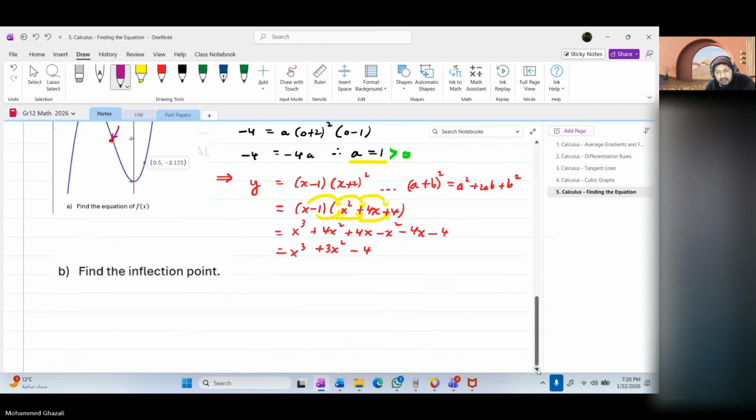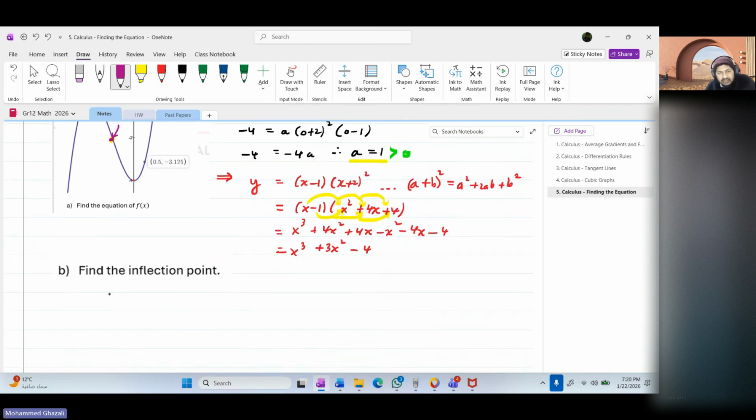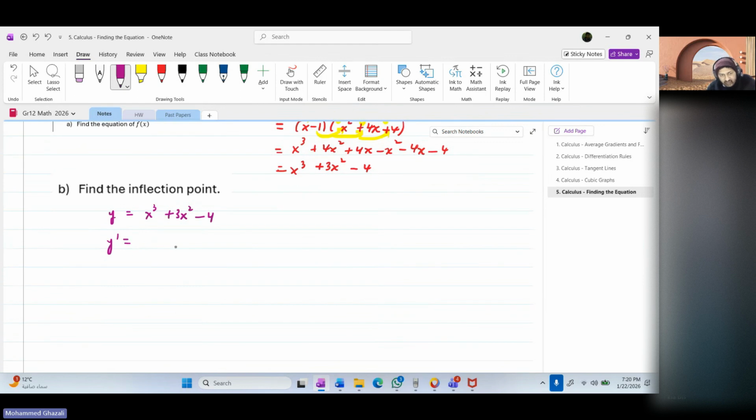Now, we had y equals x cubed plus 3x squared minus 4. What's y prime? The first derivative gives us stationary points. So that is 3x squared, 3 times 1 is 3, take away 1 from the power, plus 2 times 3 is 6, 6x.